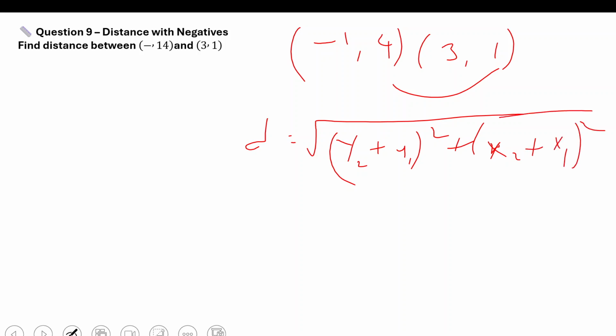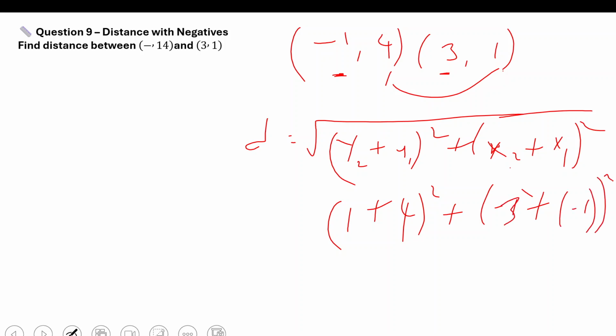So what is x1? What is y2? What is y1? What is x2? All right, so y2 here is 1, so I have 1, and y1 is 4, so I have 1 minus 4 all squared, plus x2 is 3, then minus minus 1, all squared. Okay, so 3 plus 1 is 4 squared, and this is also square root.